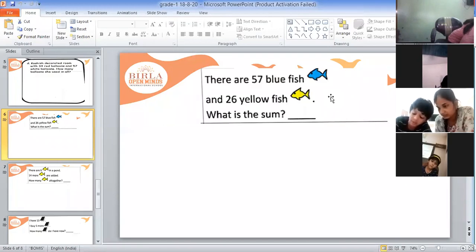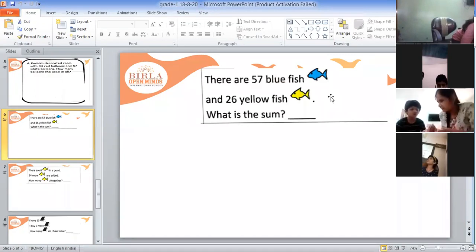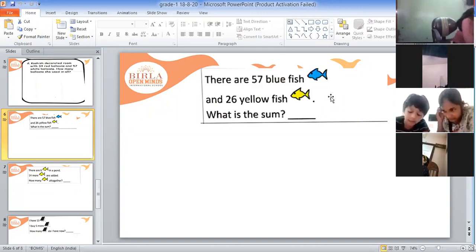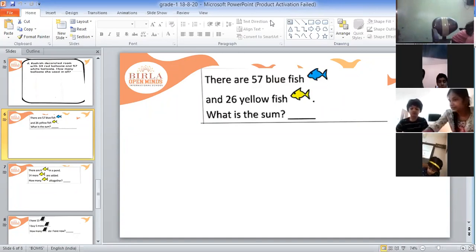Yes, children, write down this word problem and please write correct spelling. So this is, there are 57 blue fish and 26 yellow fish.